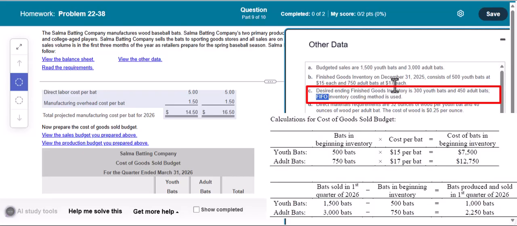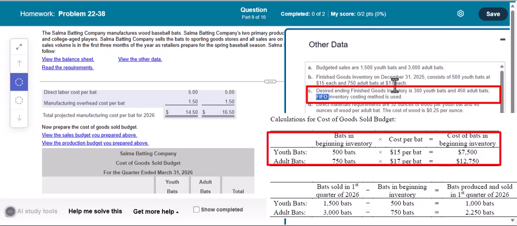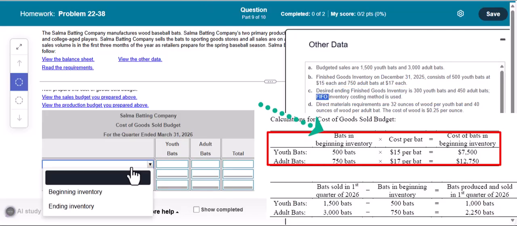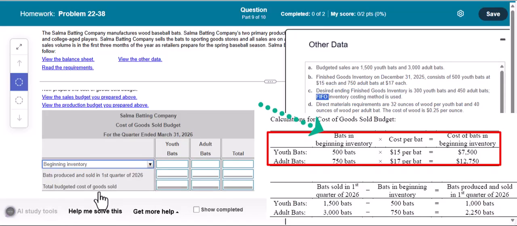So those are the first ones that are coming out. So what we have to do here for the cost of goods sold budget is the first ones we're going to sell are the ones in the beginning inventory, these. So I'll go ahead and scroll back down and input this label here for beginning inventory.